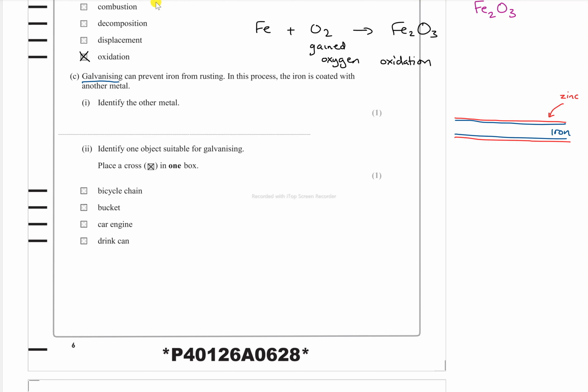And that stops it. The whole idea is that it's a barrier. It is a barrier against oxygen and water. That's what it is.